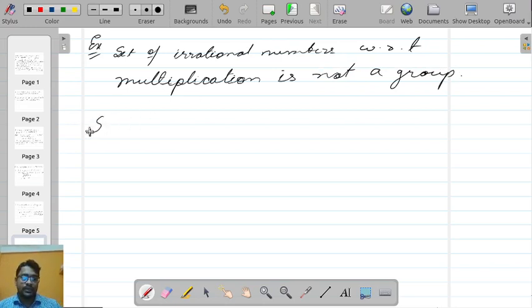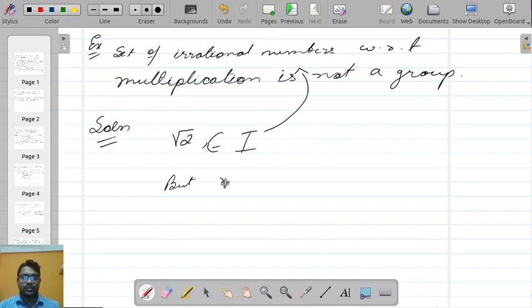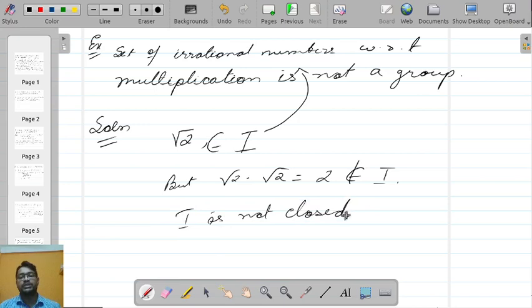The justification is very simple. Let I be the set of irrational numbers. Root 2 belongs to I, but root 2 multiplied with itself is equal to 2, which is not an irrational number. So I is not closed with respect to multiplication, and we cannot define the operation itself here.